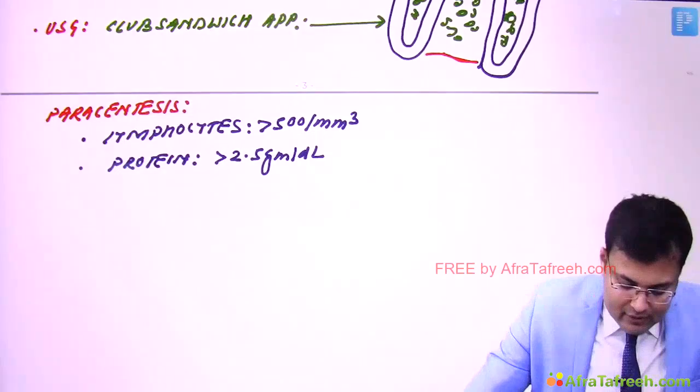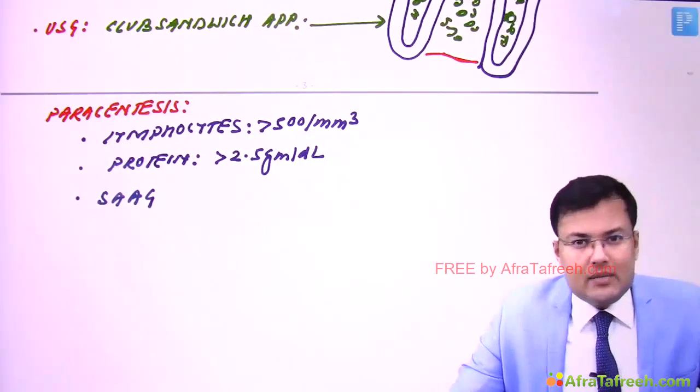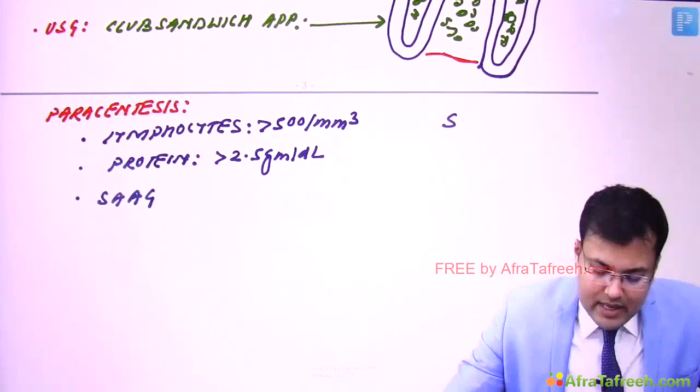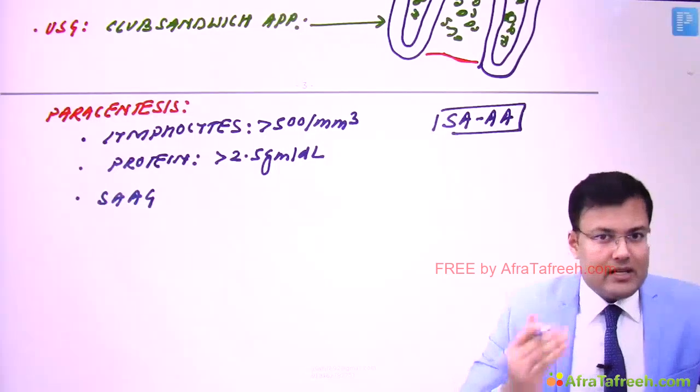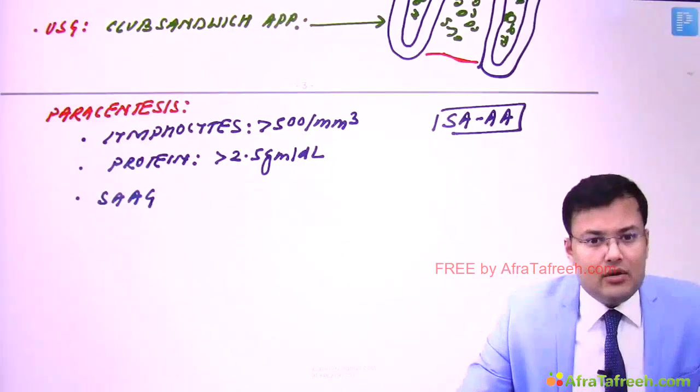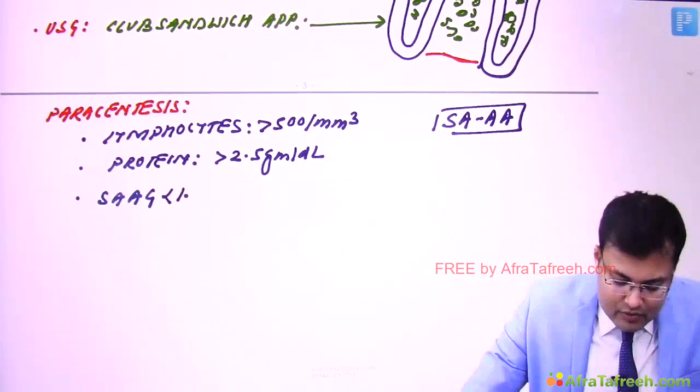And if we calculate SAG, what is the full form of SAG? It's serum ascitic albumin gradient. It means serum albumin minus ascitic albumin. So whenever ascitic albumin is high, what will happen? The SAG will be low. So generally it's less than 1.1.